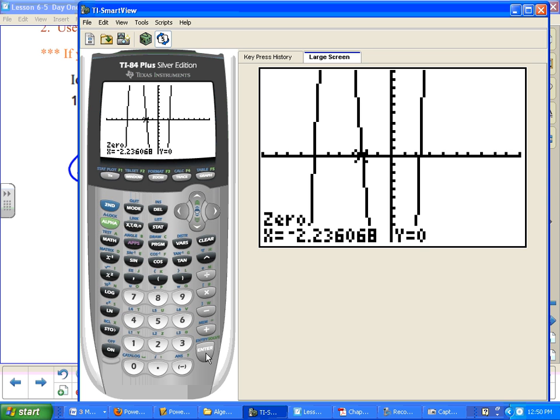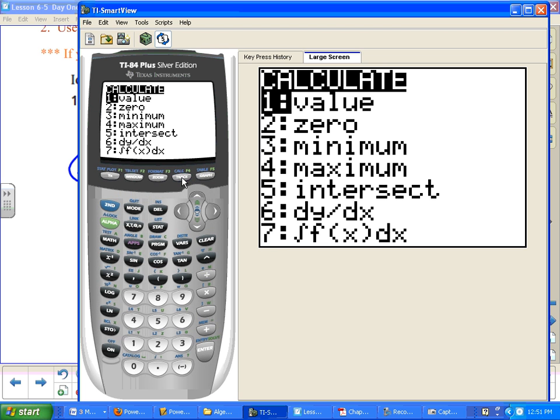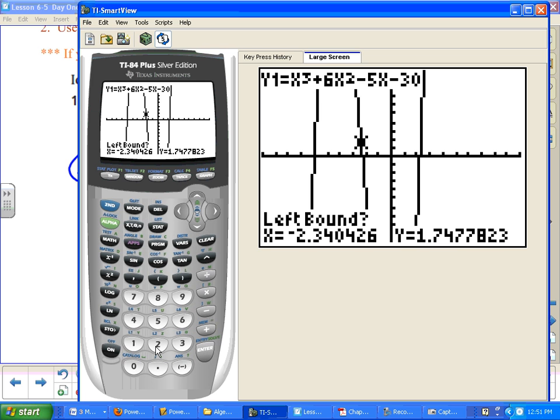Let's do it for this one over here also. We hit second trace, number 2 for zero.